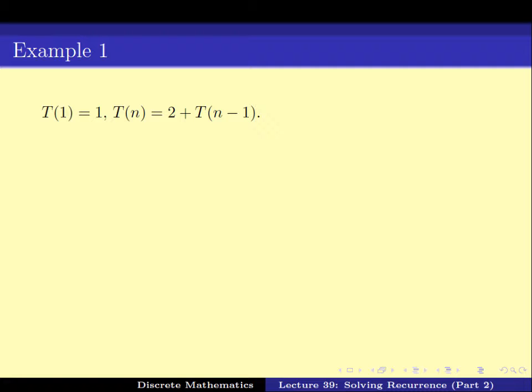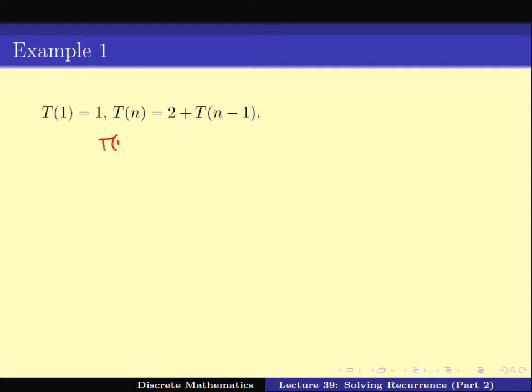Say t1 equals 1 and tn equals 2 plus tn minus 1. So let's write it down here. tn equals 2 plus tn minus 1. Now what is tn minus 1? I can recursively open it up, right?